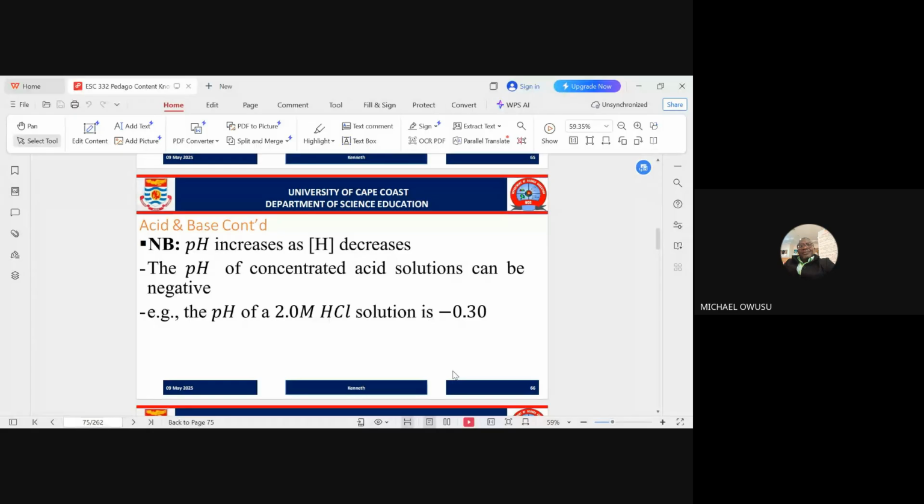Calculate the pH of this acid. I'm taking it again. Given that the molarity of a nitric acid is 0.5 molar, calculate the pH of this acid.